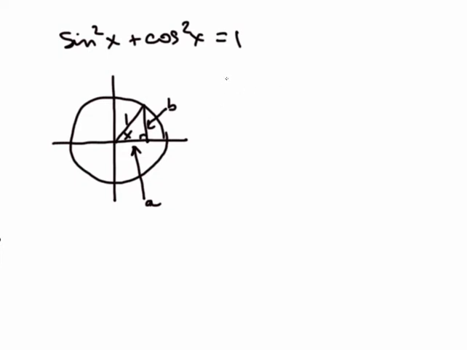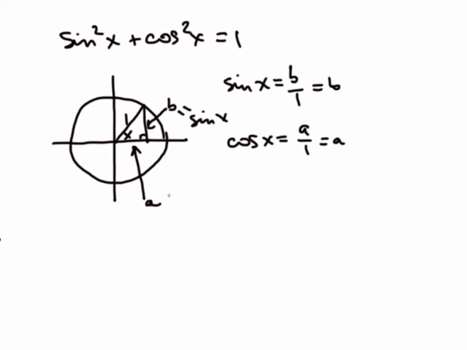We'll notice that the sine of x is actually, SOHCAHTOA tells me that that's b over 1. So that's just b. So the sine is actually b. So this is the sine of x. And as you may be able to guess, the cosine, CAH, adjacent over hypotenuse, a over 1, the cosine is actually a.